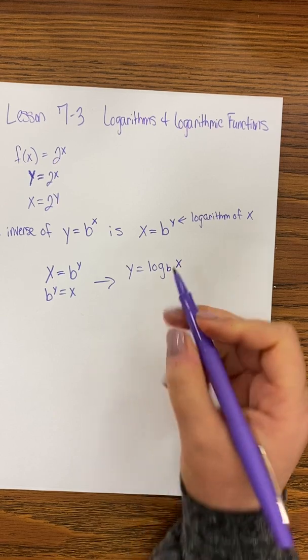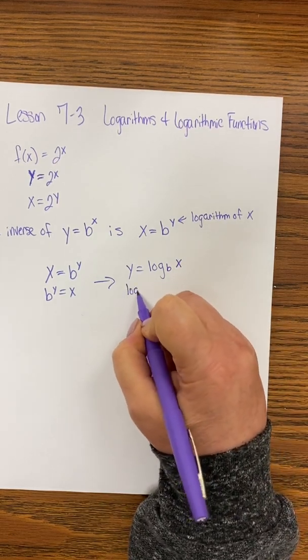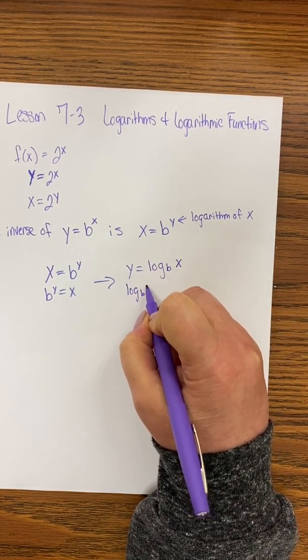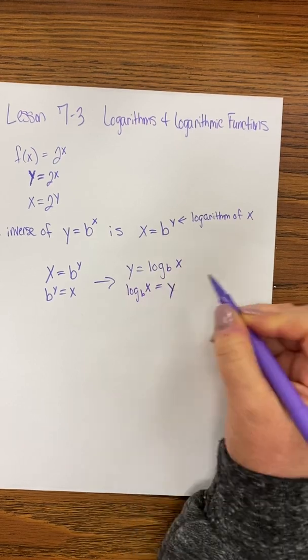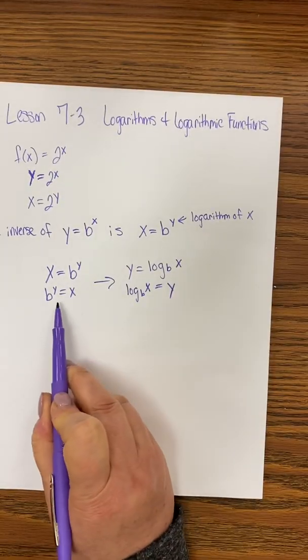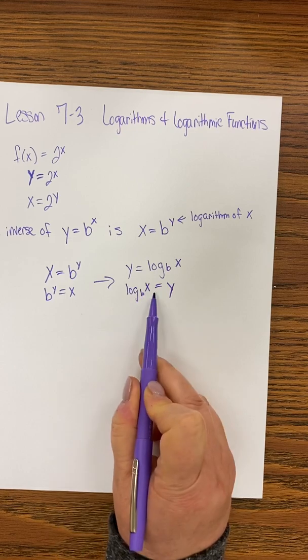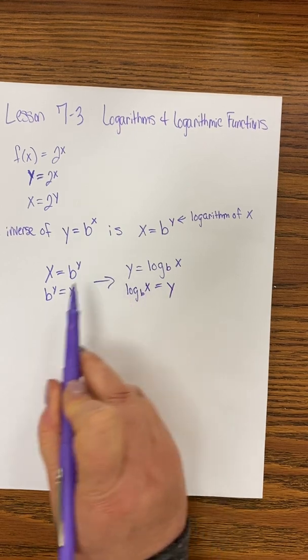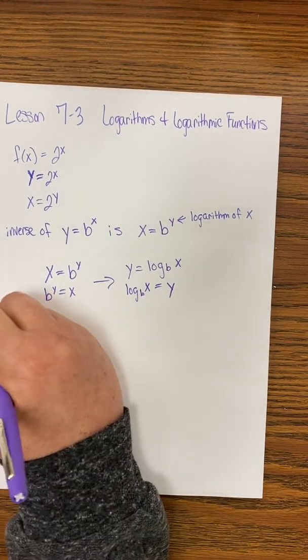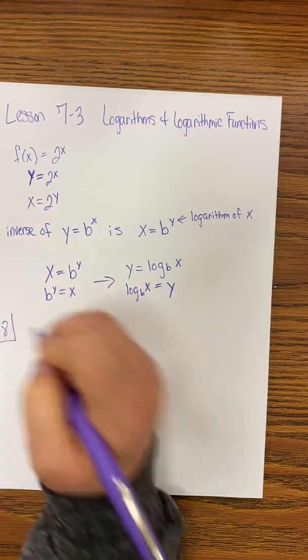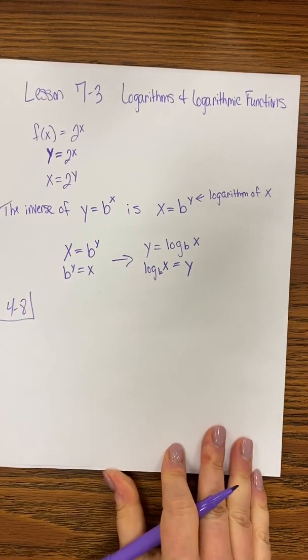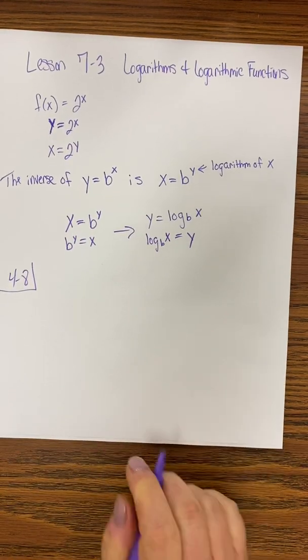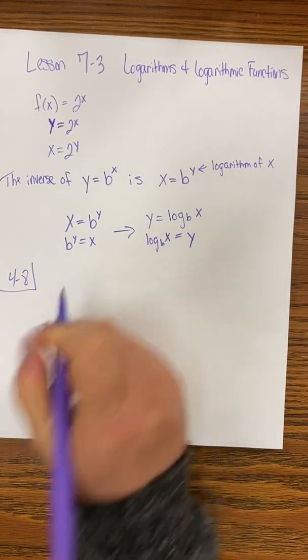And then again, it can be the other way around, which is probably the way you'll see it a lot. Either way, we're going from exponential to logarithmic or vice versa. So let's get to a couple of problems. Remember, this is going to cover problems 4 through 8.